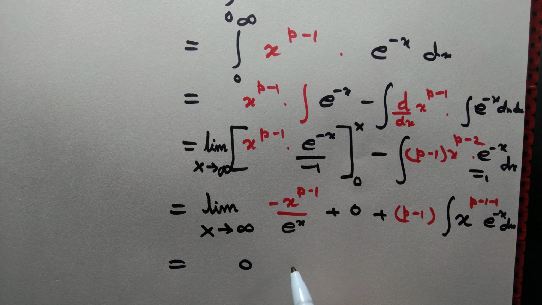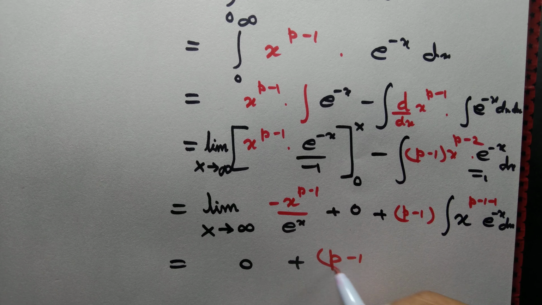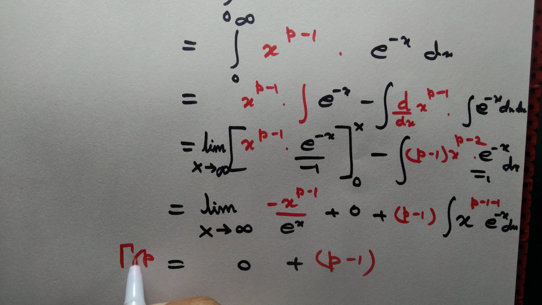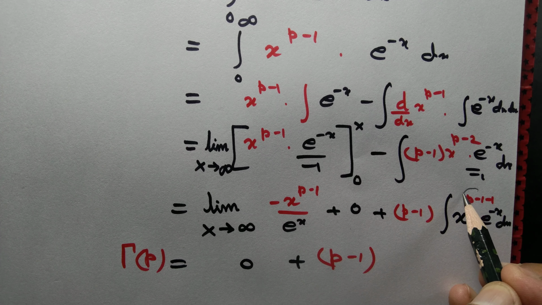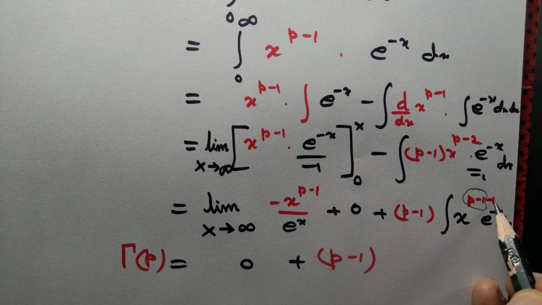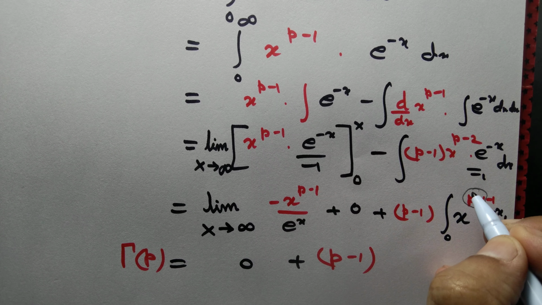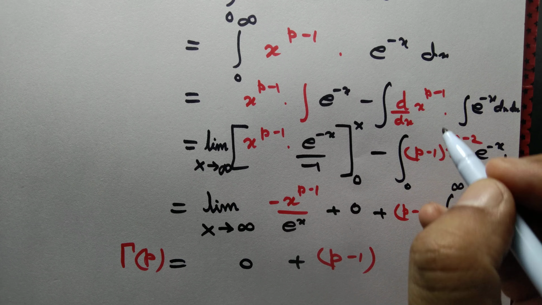So 0 plus p minus 1. We started with Gamma(p), so Gamma(p) on the left-hand side equals p minus 1 times an expression. This is x to the power p minus 1 into e to the power minus x. Oh, I forgot to write the limit 0 to infinity. Here also 0 to infinity.